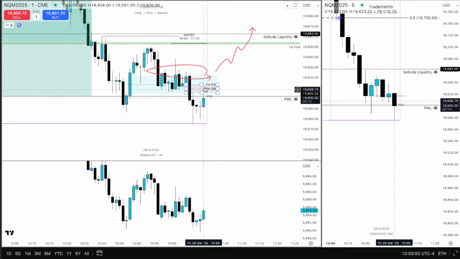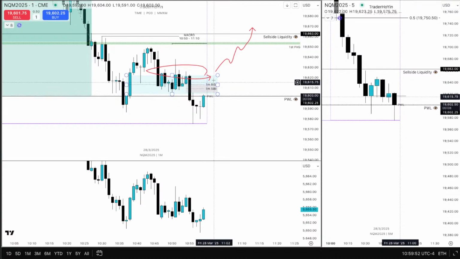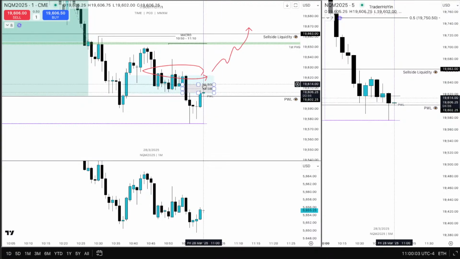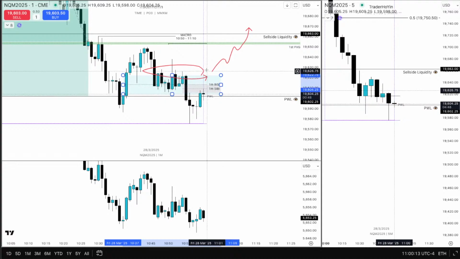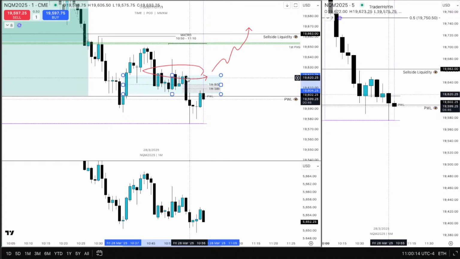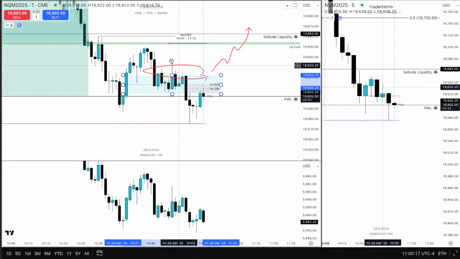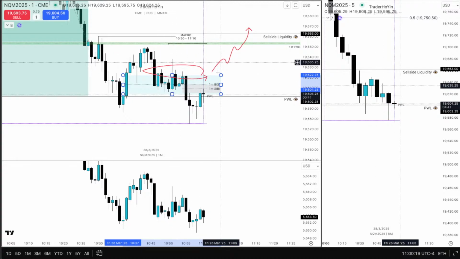If it just taps into here and fails to close inside the upper part of this busy or CB, it indicates it wants to go lower. So we need to see a displacement candle through these 2 PD arrays and take out these buy stops here for it to go higher.